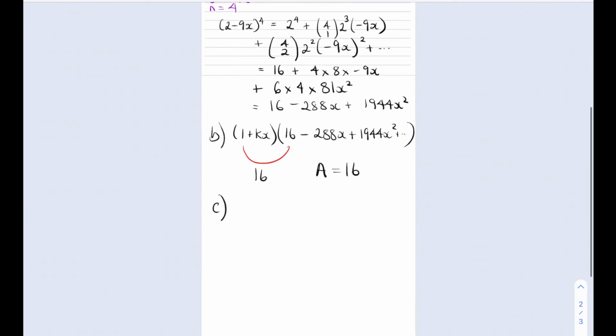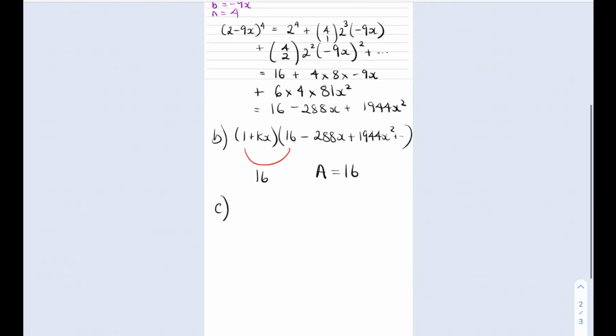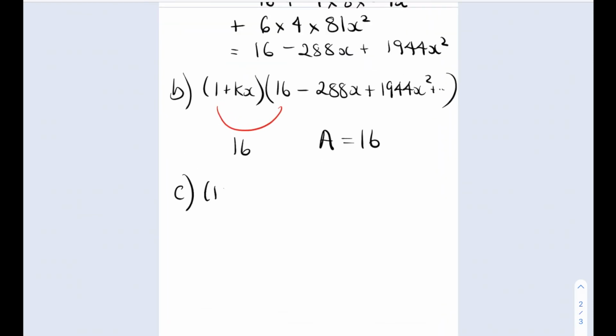Now, when I expand these brackets, I get 2 x terms. Let's isolate those. So let's write it again: 1 plus kx, 16 minus 288x plus 1944x squared, and so on.